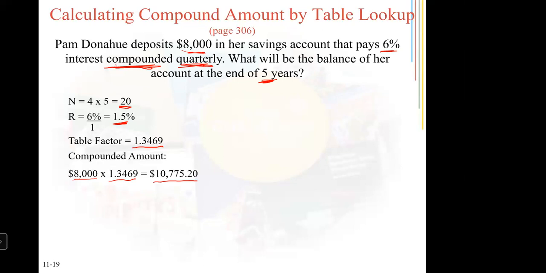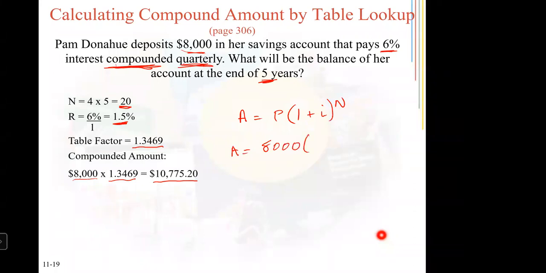Now, if you wanted to use the formula to do this, the formula again is amount equals principal times 1 plus i to the nth power. What would you put in the formula? Let me hear. A equals what? What is P? 8,000. A equals 8,000.